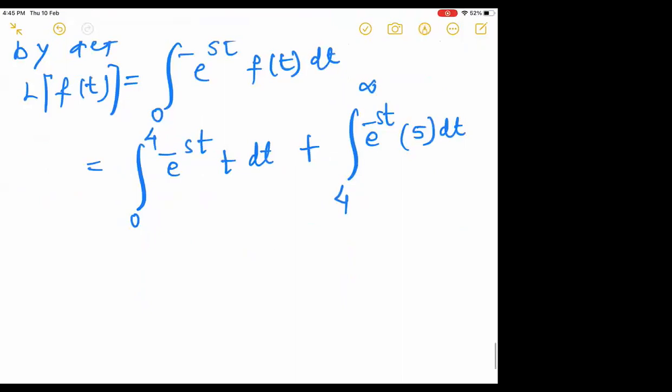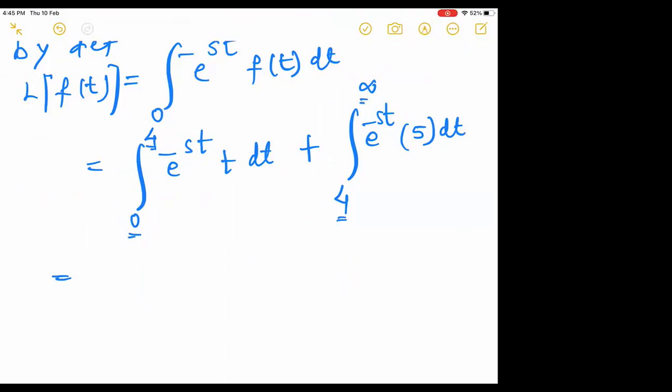Okay, and therefore this becomes... Now the first integral is to be solved, because we can't apply direct results since it is not a basic function Laplace transformation, because your limits are different. So you cannot apply the direct result for the transformation, but you have to solve the integral.